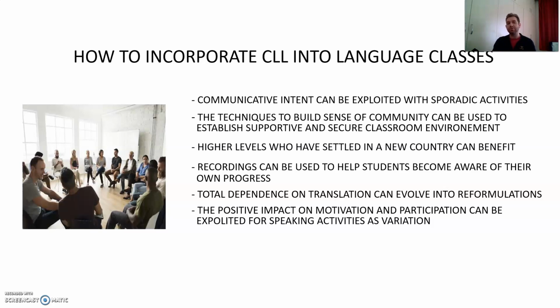This method is also known as the participatory approach, and it's closely related to community language learning. And total dependence on translations can evolve into reformulations as the levels go higher. And the positive impact on motivation and participation can be exploited for speaking activities as a variation.